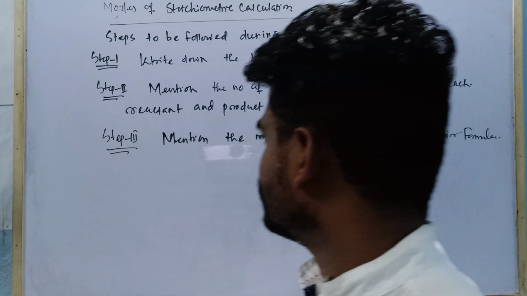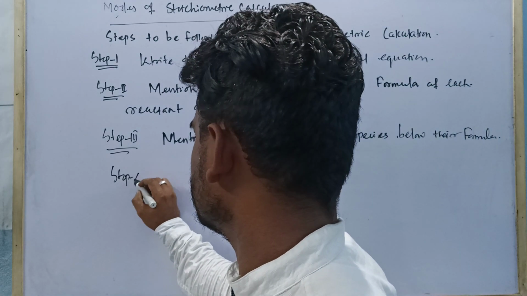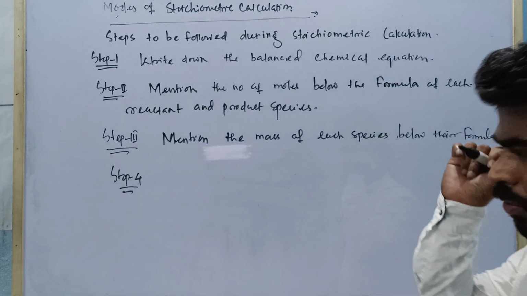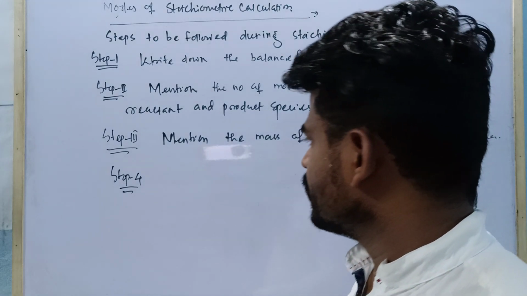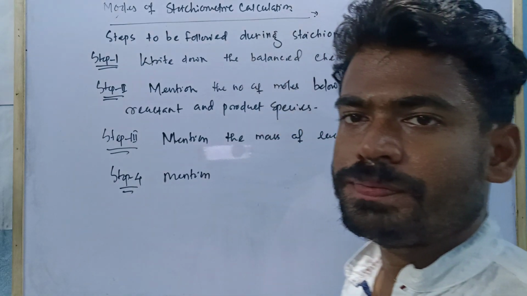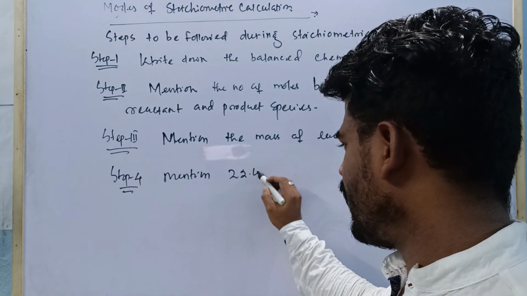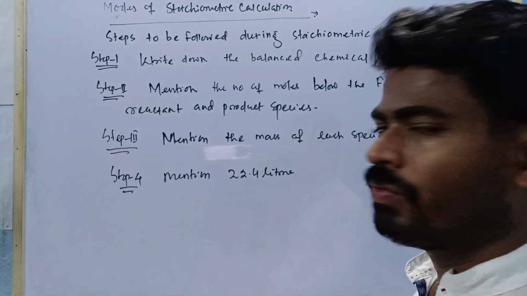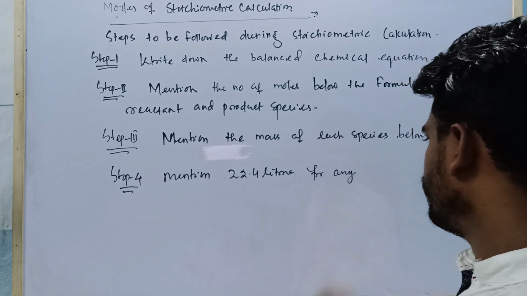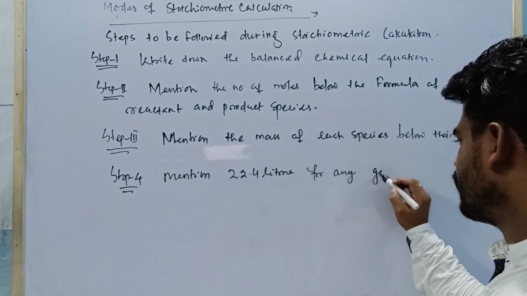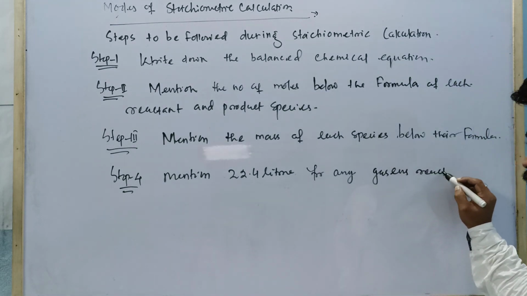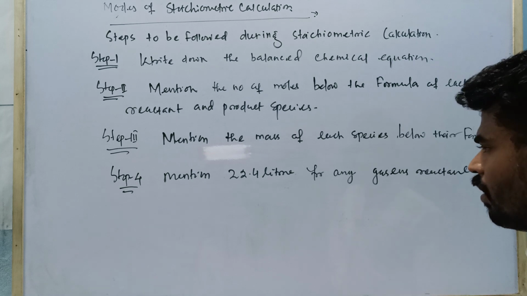Okay, step 4, after this step 4, mention 22.4 liter for any gaseous reactant or products.